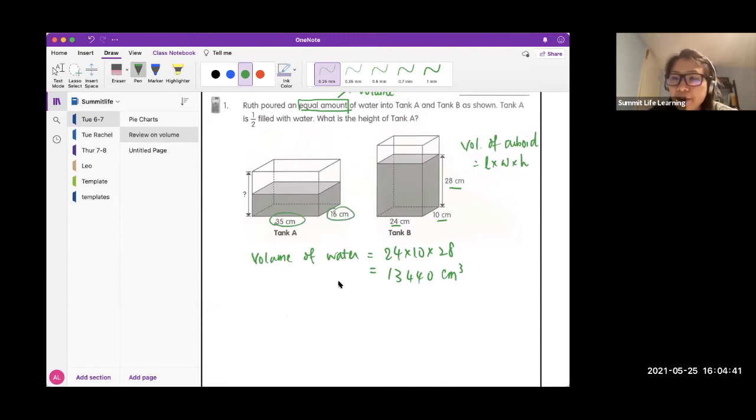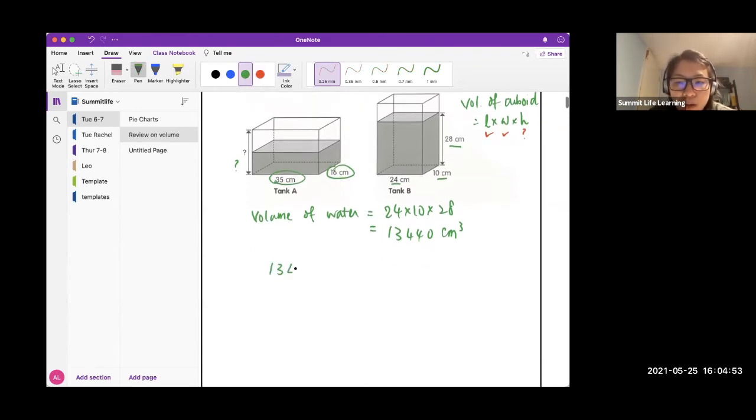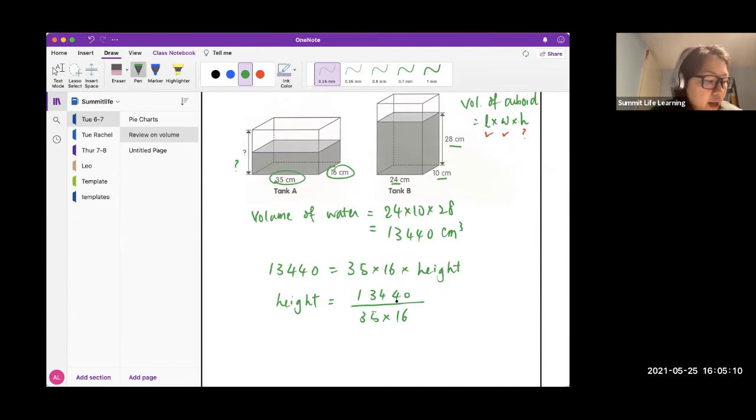Now, to find the height of tank A, you will see that in tank A, the length and width are given and the height is missing. You have these two. What you need is actually the volume of the cube block. So you will have 13440 equal to 35 times 16 times the height, which means that the height is given by the total volume divided by 35 times 16.